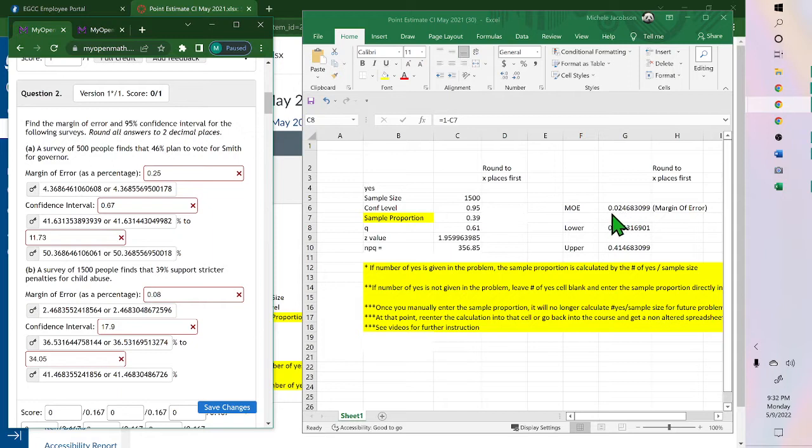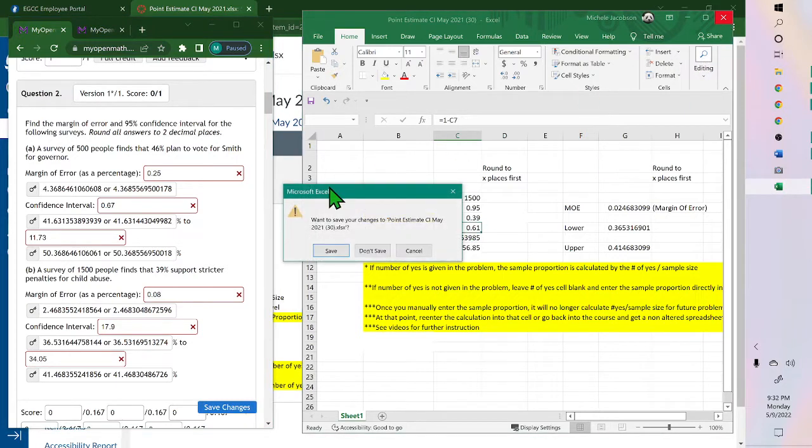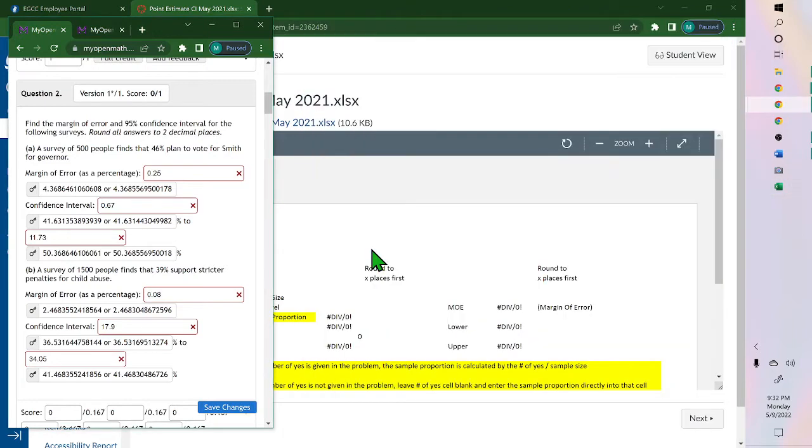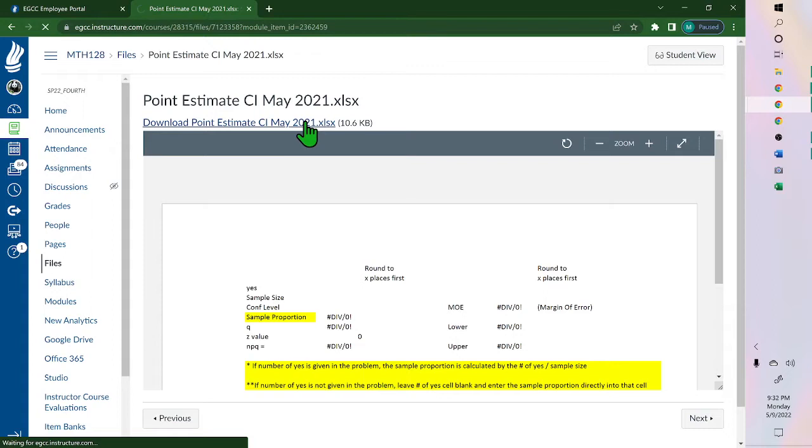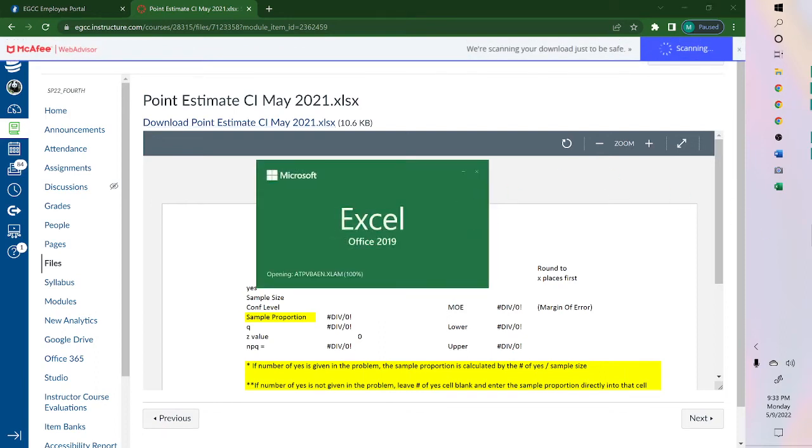Over here. Yeah, I guess you do have to. So even if you're putting the sample proportion, you have to close it and then reopen. Open. There it is.